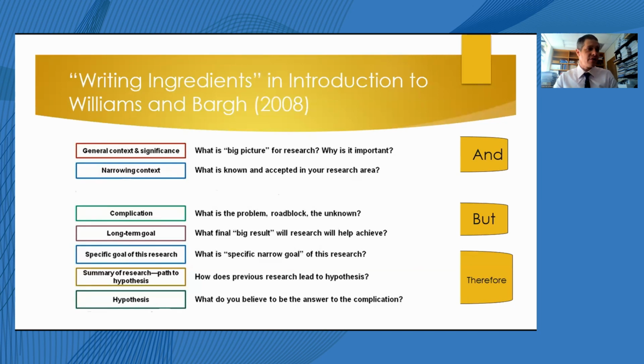But nonetheless, you still see that connectivity between different pieces of the introduction. The introduction starts off in these papers with that general context statement, those narrowing context statements, those conflicts, and in the context of an introduction section, then you get all the way down to what you expect to find, right?